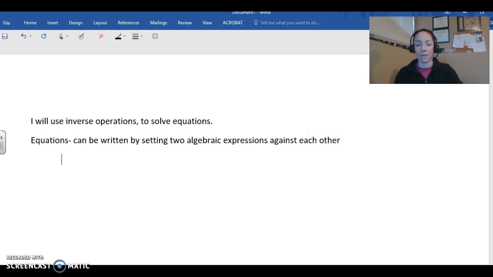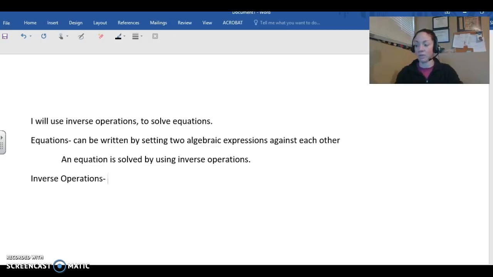All right, and these equations are solved by using inverse operations.